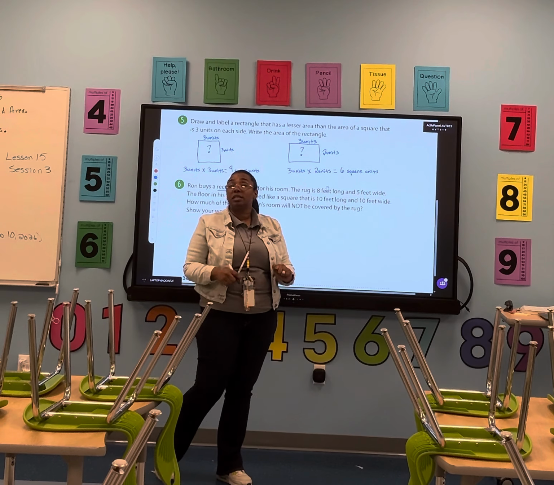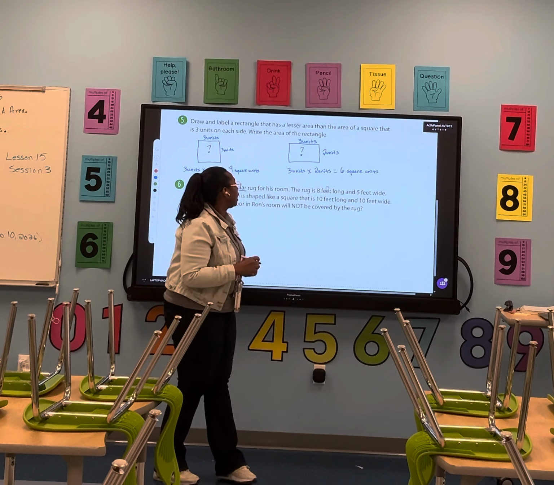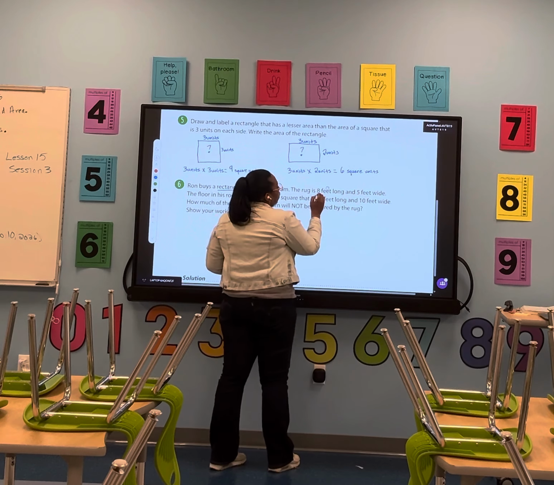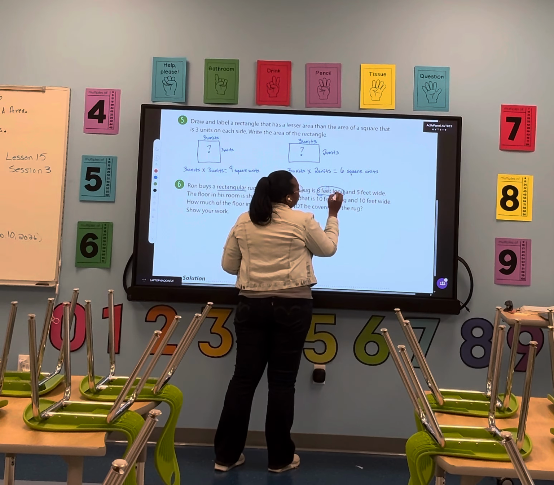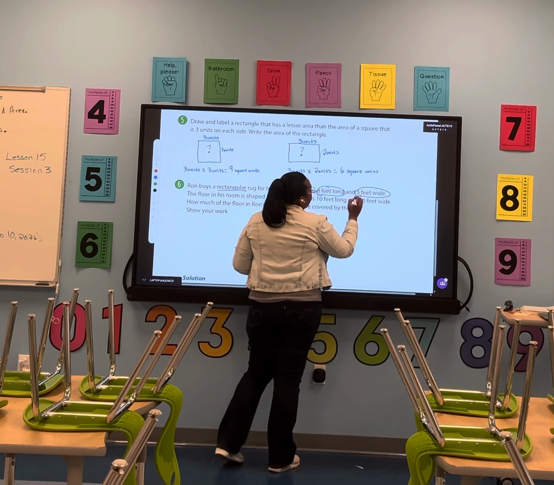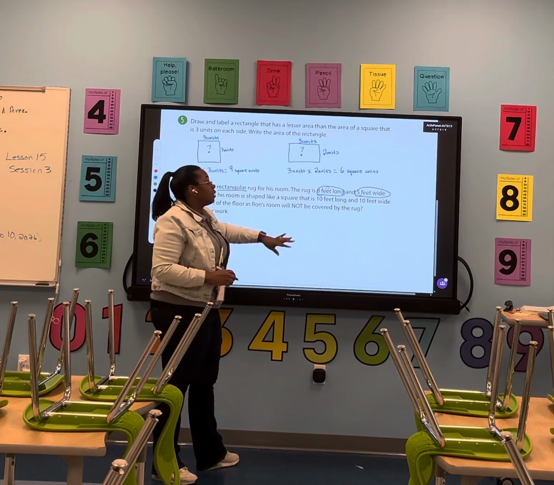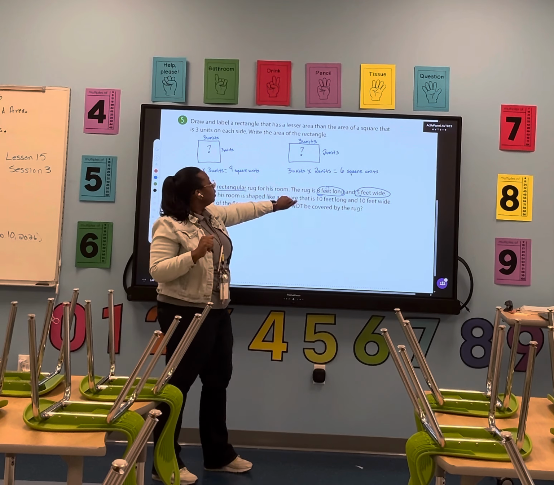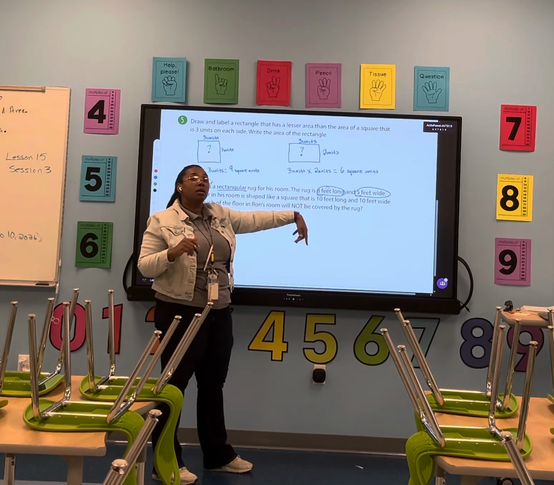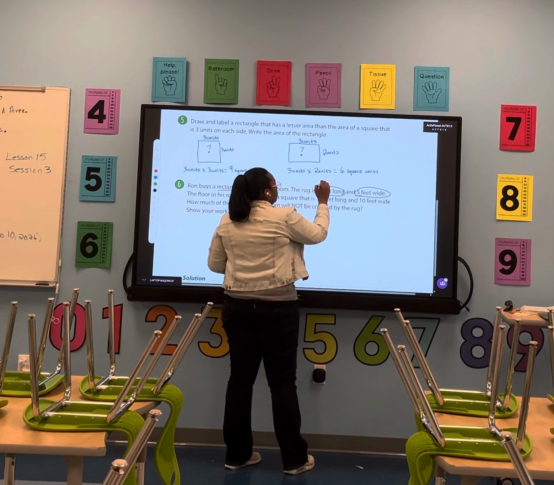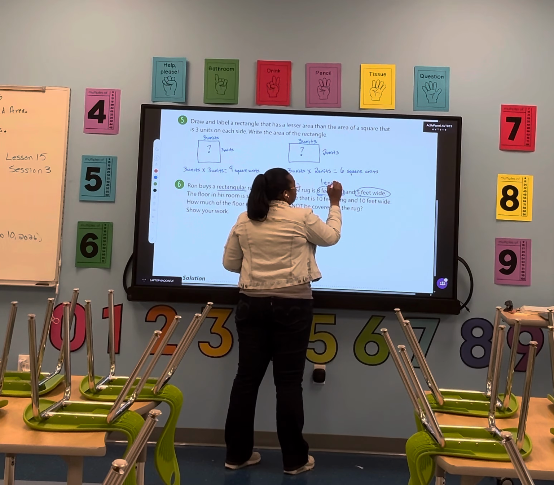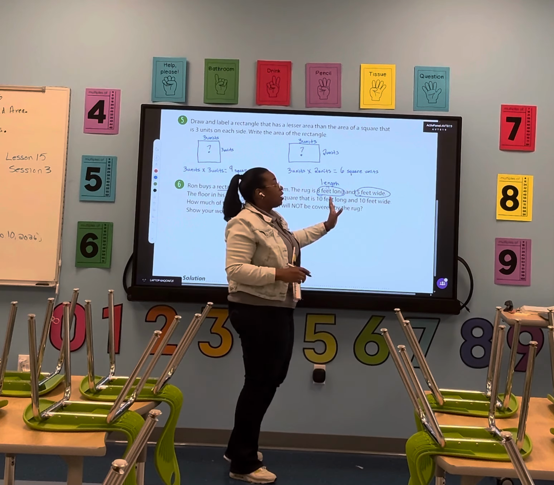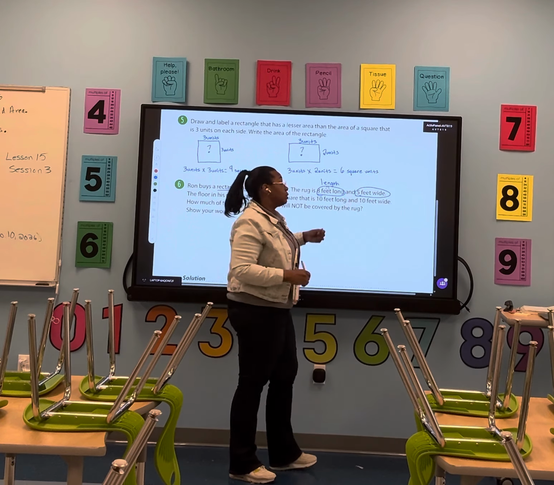See, Ms. Newman was thinking correctly. They gave me 2 numbers. One was 8 feet long, the other 5 feet wide. Now we're going to label these because you know Ms. Newman loves a label. So 8 feet long means length, and 5 feet wide means width.